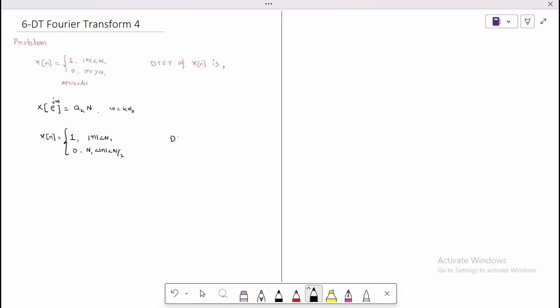So for this case, the discrete time Fourier series, we have already done this one.